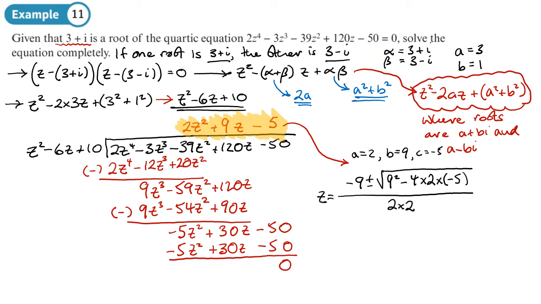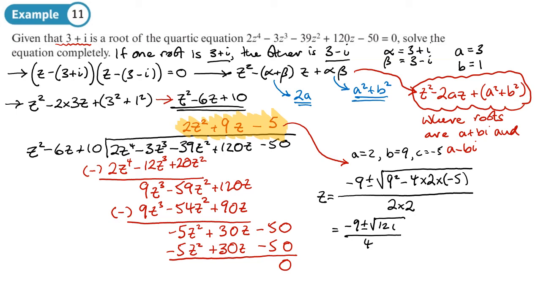So it's going to give us the other roots. You've got negative 9 plus or minus. Now 9 squared is 81, so you've got 81 minus 4 times 2 times negative 5. So this looks like it's going to be positive. Yeah, 121. So not a negative under there, so the next two roots are going to be real.